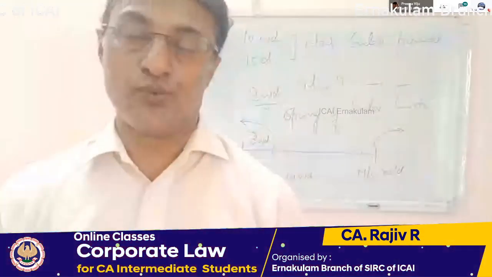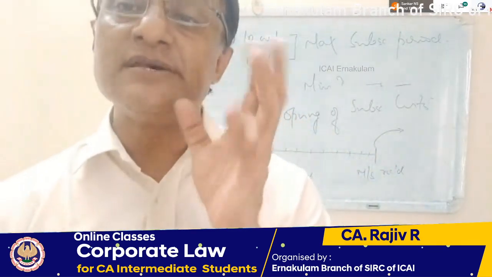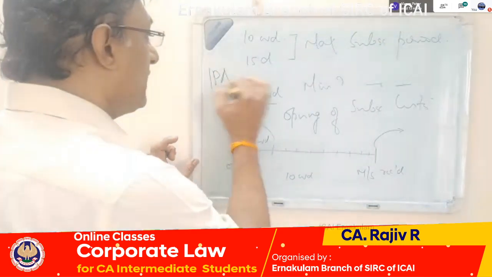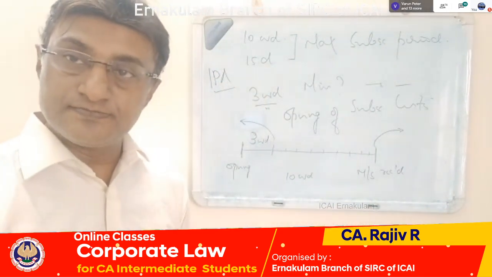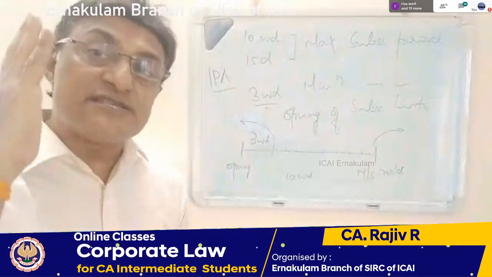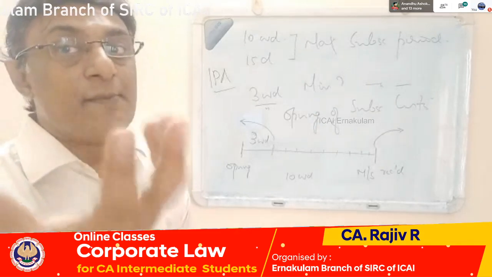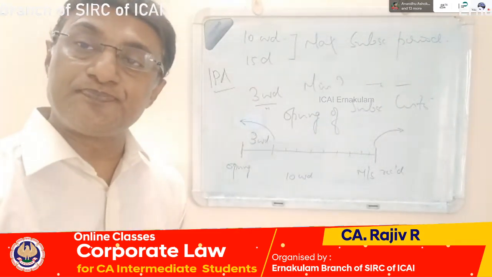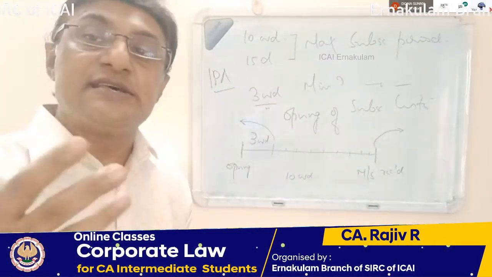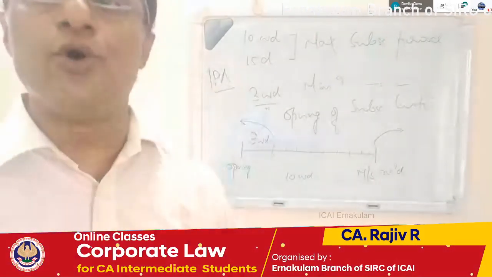And the answer is no. It is important that the company must get a listing approval. It is called an IPA, in principle approval, that means a provisional approval at least. So it is necessary that the company must have got an approval from all the stock exchanges where it has proposed listing. Even if one of them does not approve, it is not permissible for the company to proceed.